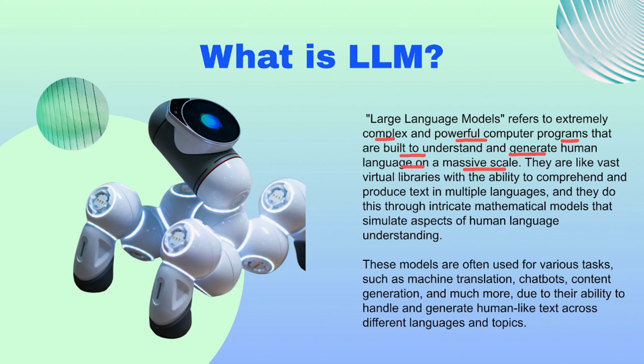Because we have trained on a massive scale, these large language models can answer a lot of different questions, and they can generate the answers. This is the very important part: the whole of generative AI is based on generating. Many people think that this is how ChatGPT works: they ask some question and it searches some database and then gives a response. This is wrong. Actually, it is generating the response.